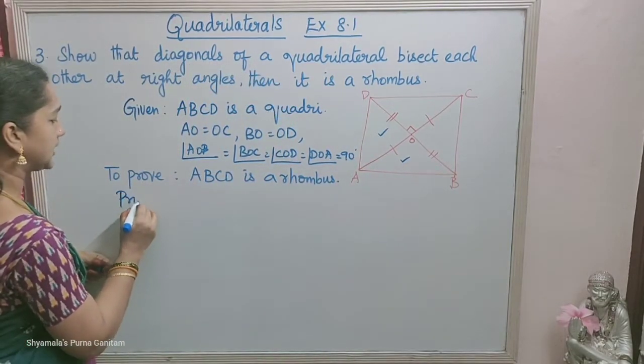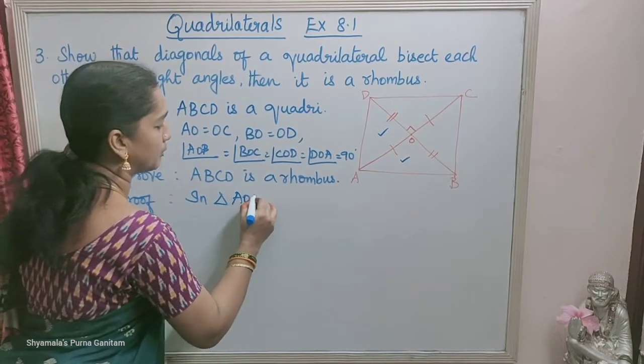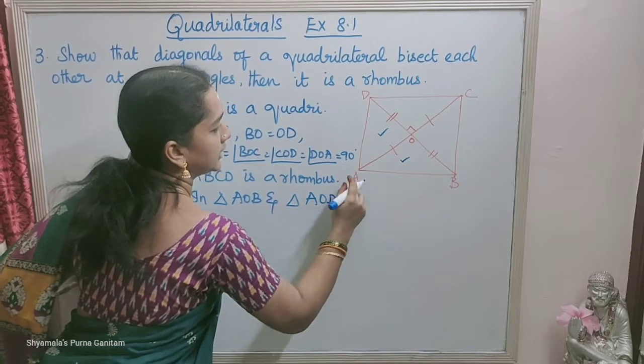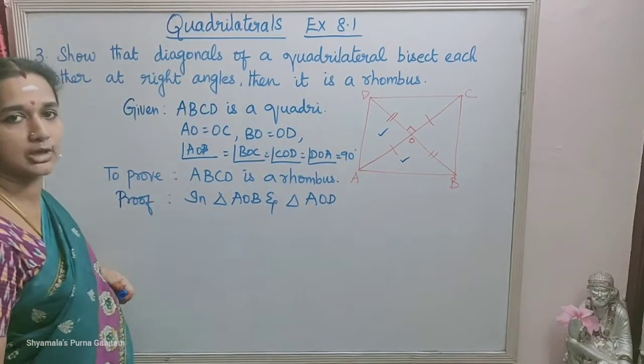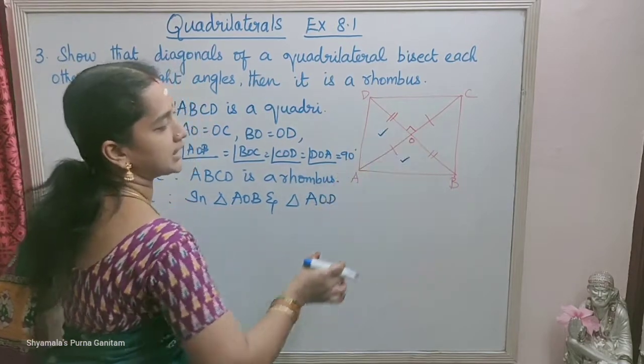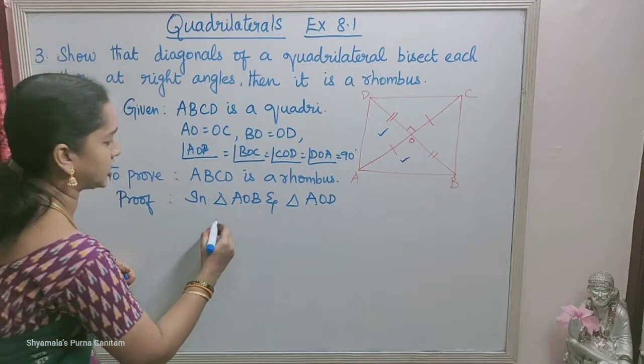So, proof: in triangles AOB and AOD, these two triangles are taken. In these two triangles, it is already given in the question that BO is equal to OD, since the diagonals bisect each other.